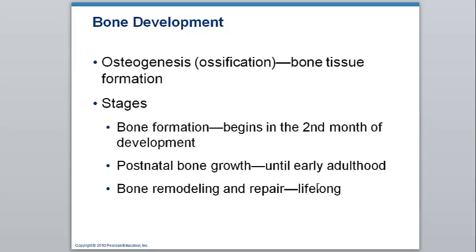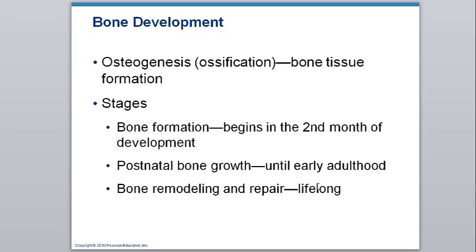You have the initial stage, bone formation, which begins at the second month of the development of the fetus. Then you have the postnatal, after the baby is born, postnatal bone growth into early adulthood. The bone is starting to take shape of an adult bone. They're starting to calcify and to early adulthood.